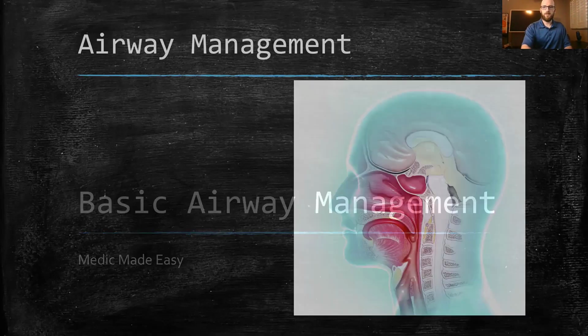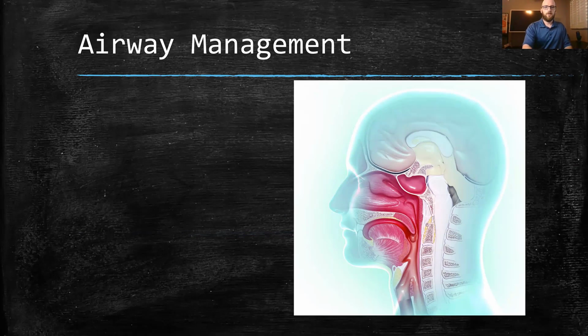All right, so the first step, or really the first 4 steps, when we look at airway management, is broken into 4 distinct things. The first one is that we obviously have to open the airway.